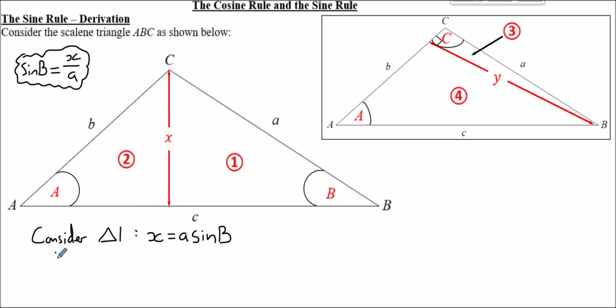Now if you think about triangle 2, we can do something similar there as well. So looking at triangle 2, this one over here, and thinking about the sine function for this triangle, we have sine A equals the opposite, which again is x, divided by the hypotenuse, but for this triangle 2, the hypotenuse is b.